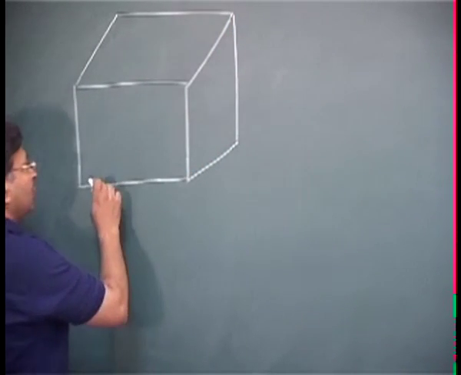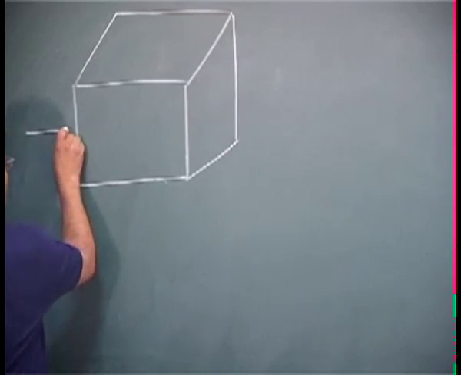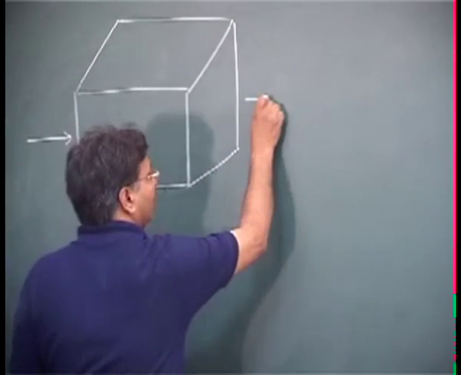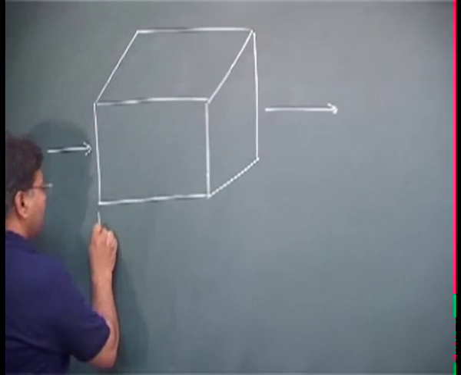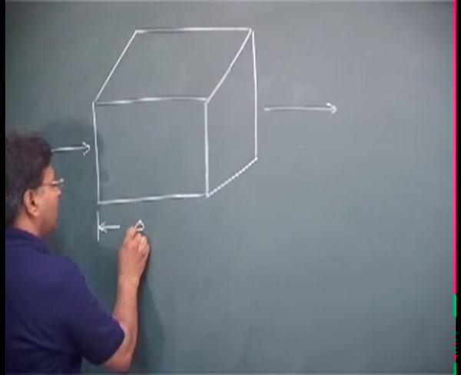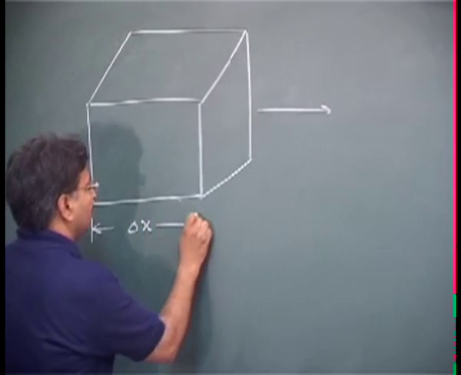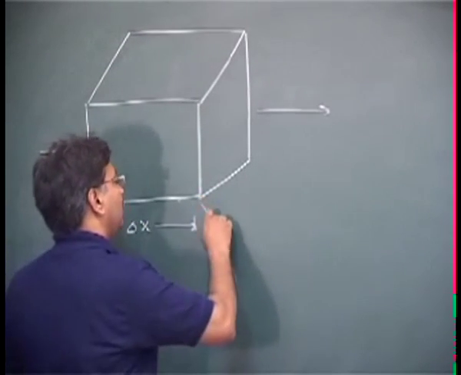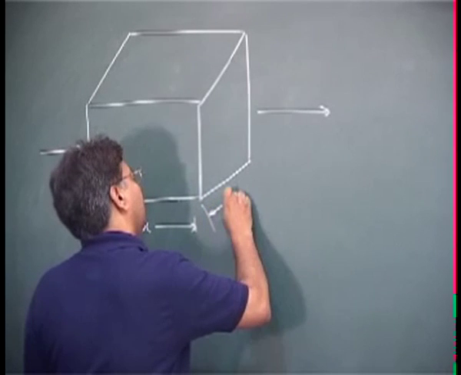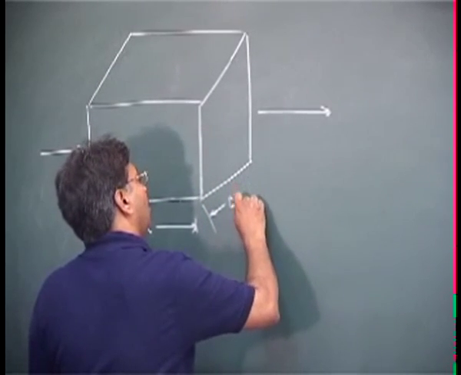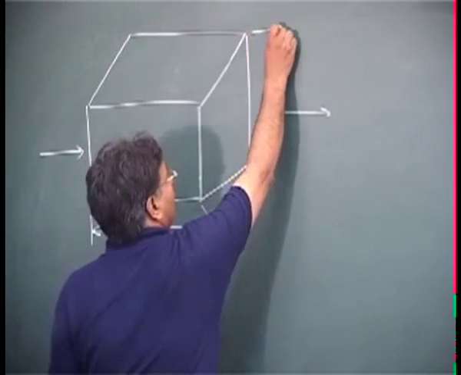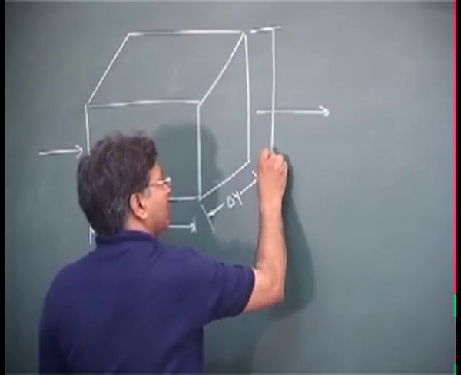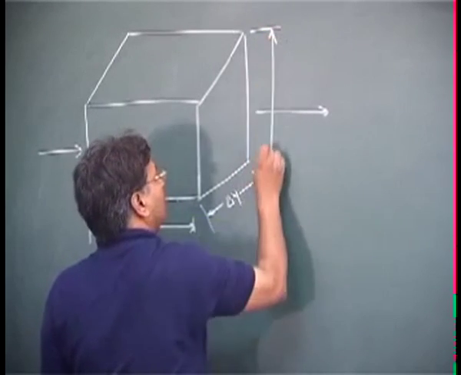You have a box, okay, and the wind may be blowing like this, and this I am calling delta x, this delta y, and this z.